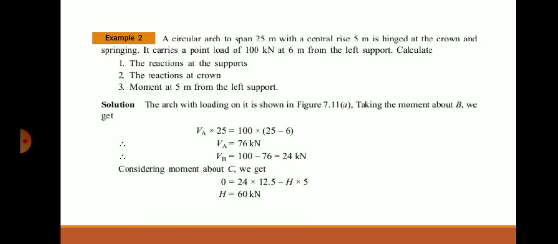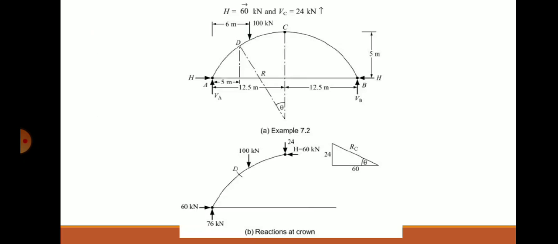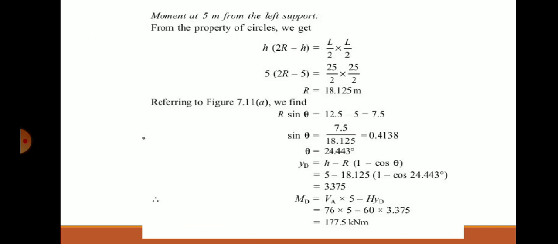Next, the third part of the question is the moment at 5 meter from the left support. So, you have to find the moment. In order to find the moment at 5 meter from the left support, you have to find what R is. As usual, the equation is L by 2, H into 2R minus H. So, H is 5. What is R? You have to calculate R sin theta.